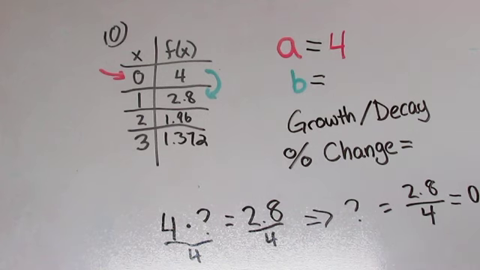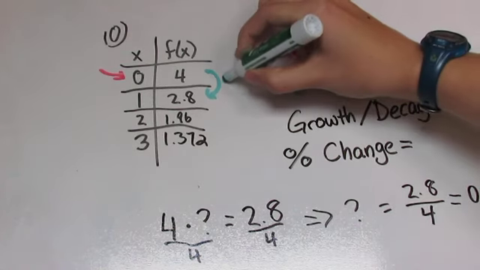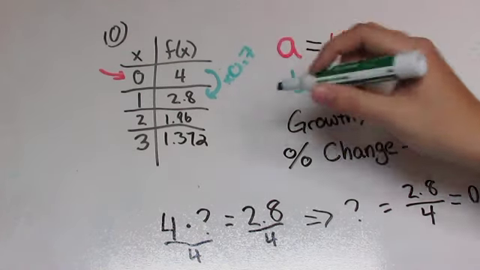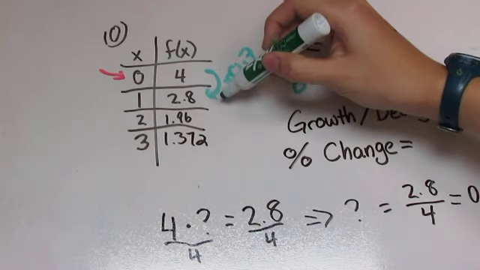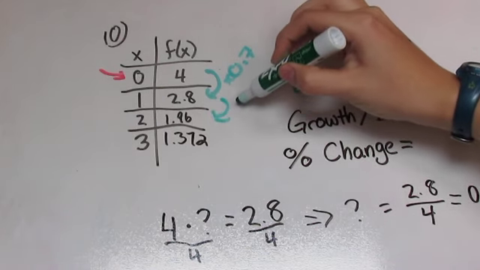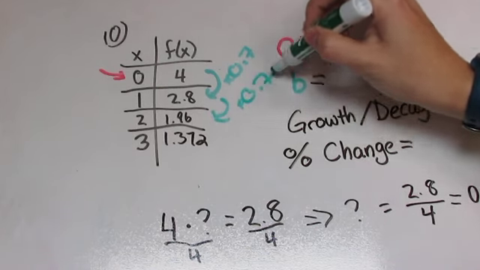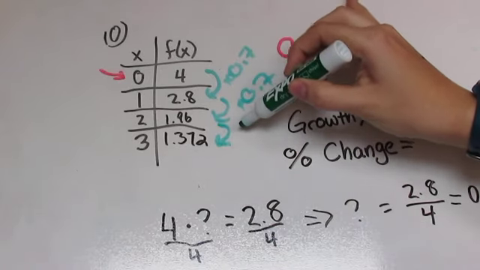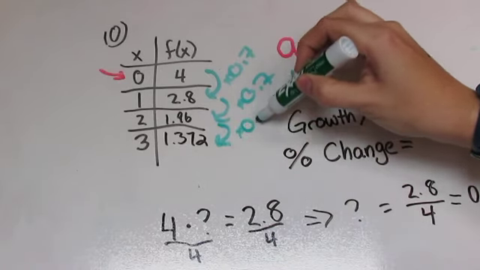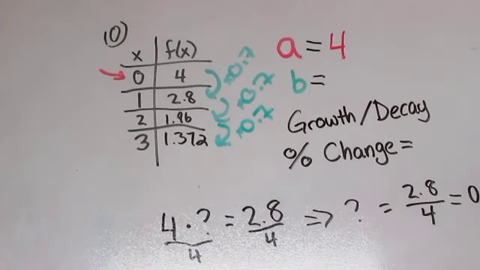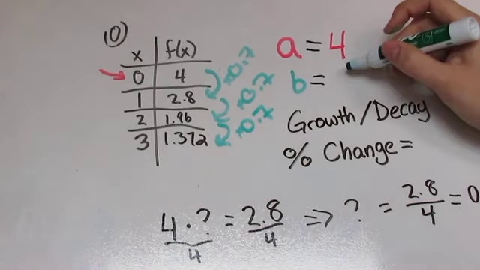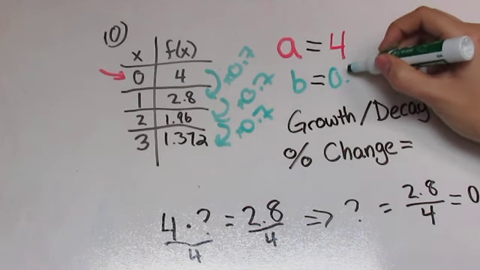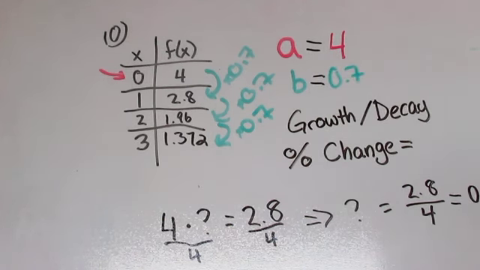I can go ahead and check my work. 4 times 0.7 is in fact equal to 2.8. 2.8 times 0.7 is equal to 1.96. And 1.96 times 0.7 is equal to 1.372. So this means that my B is equal to 0.7.